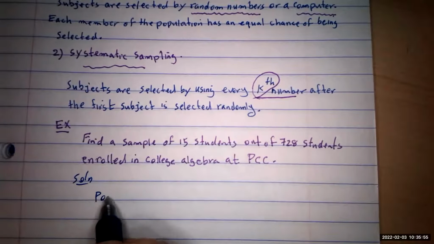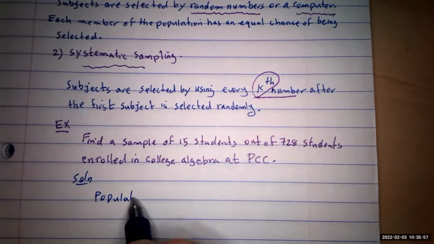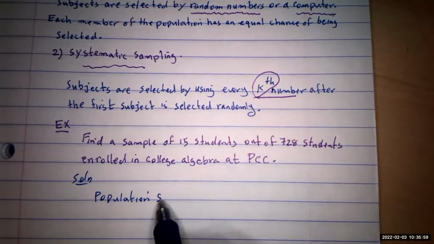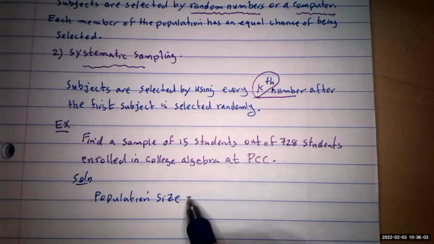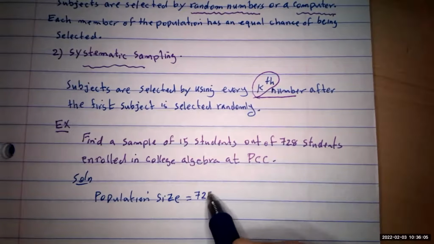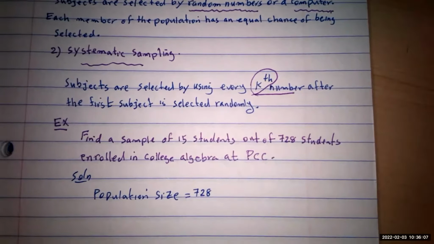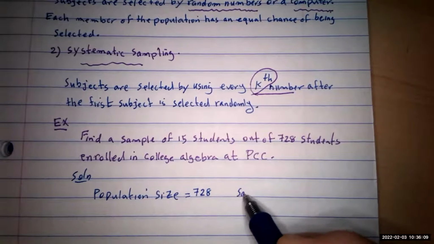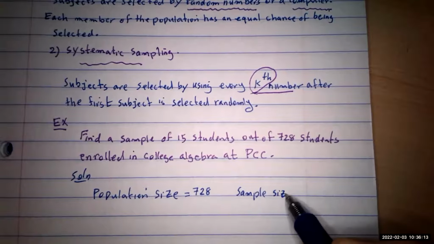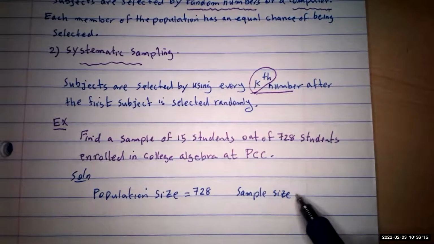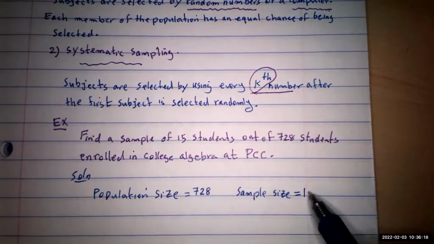You see the population size. Population size is going to be 728. Okay, that's going to be a population size. And the sample that you're going to be interested in, let's say the sample size. What is the sample size? The sample size is 15.